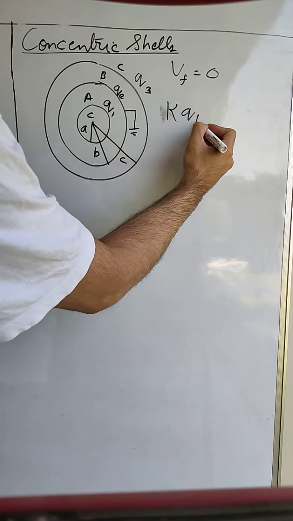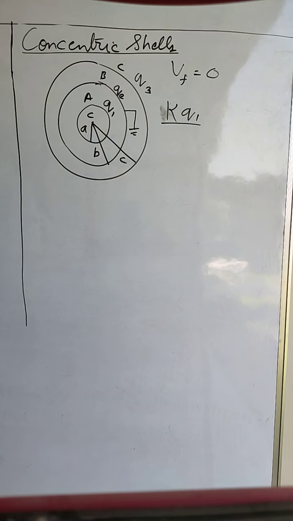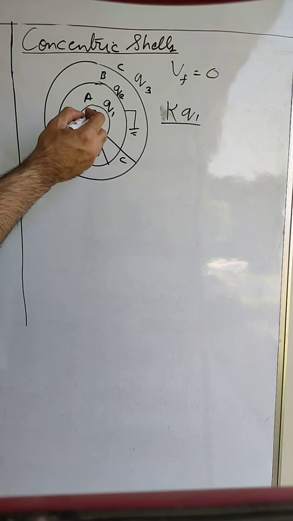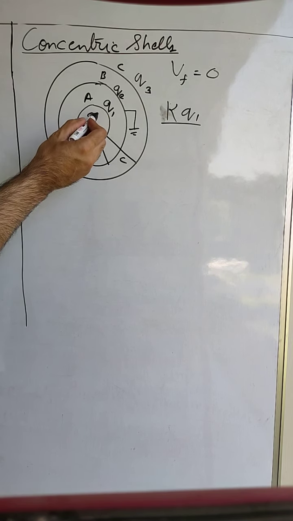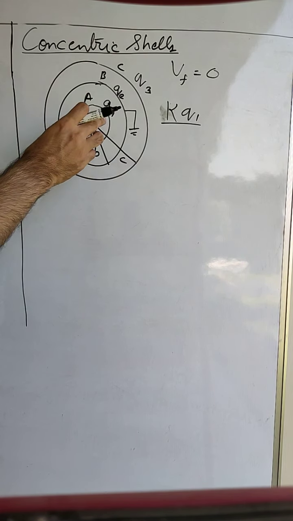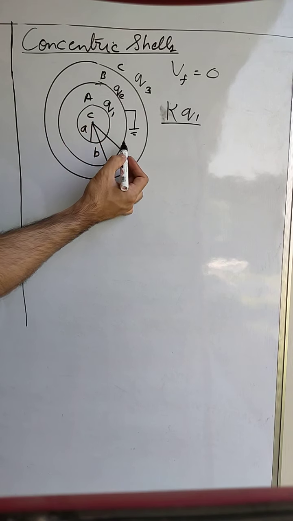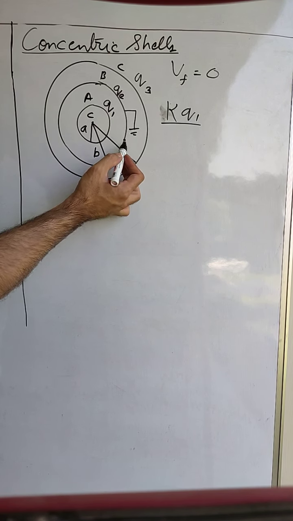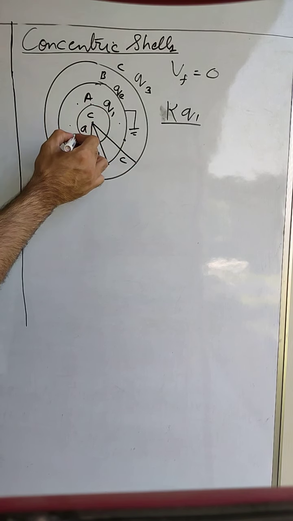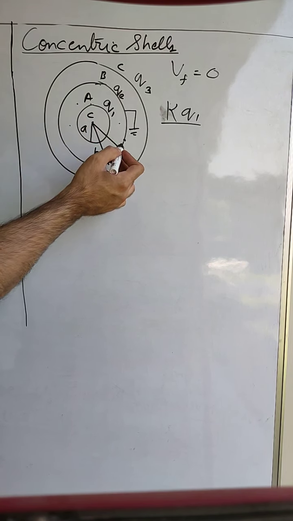due to this charge we get K Q1 upon the distance from the center of shell B, because this is an inward charge. This shell is inside B, so whatever is the potential on shell B, the same potential will exist at all the points inside. Now what is the potential on shell B?